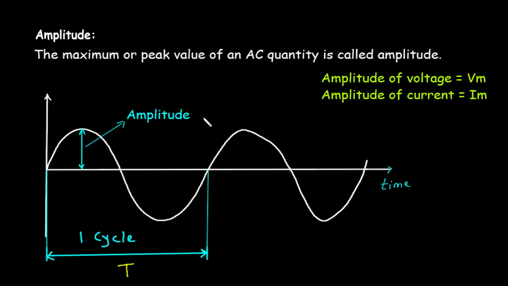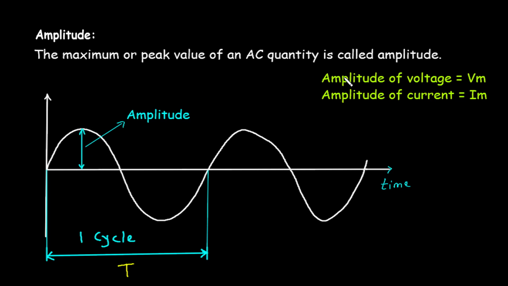Now what is amplitude? The maximum or peak value of an AC quantity is called amplitude. Now here we can see, for this waveform, on positive side this is the peak value or maximum value. On this side, this is the maximum or peak value. So this is also amplitude and this is also amplitude.